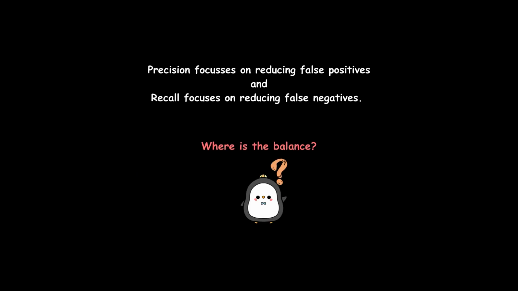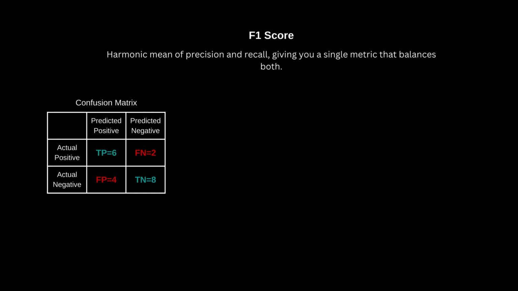So precision and recall are opposites. Precision focuses on reducing false positives, and recall focuses on reducing false negatives. We sometimes need a metric that balances both, and for those scenarios, we have F1 score.